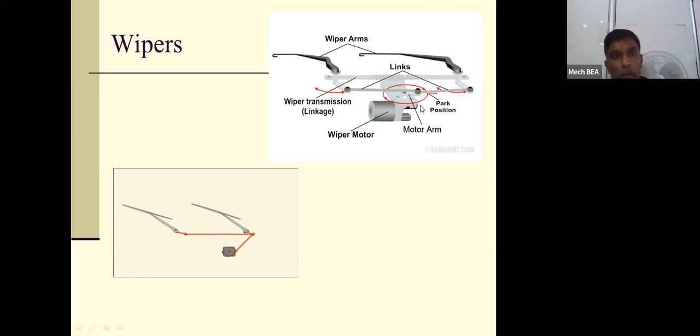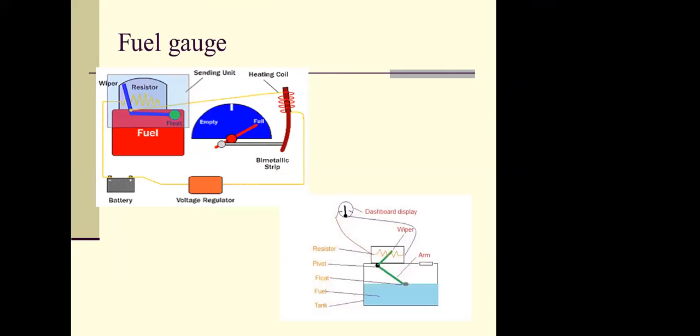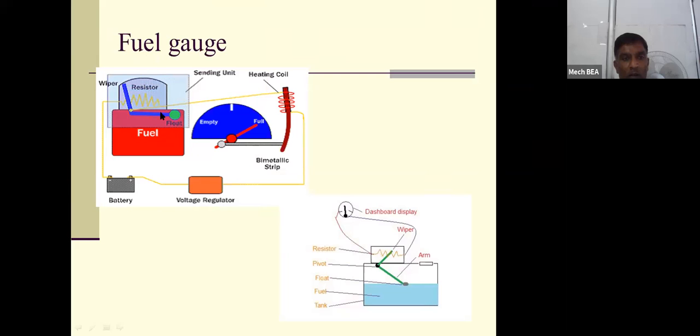Then the next device is the fuel gauge. You can see this is the fuel tank. Such an indicator is provided on the dashboard.